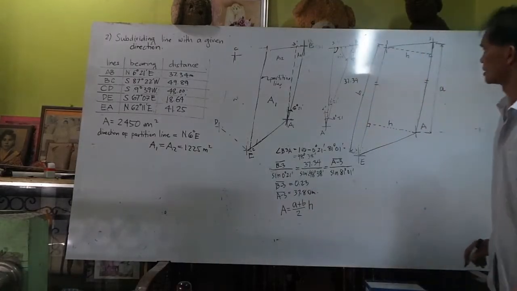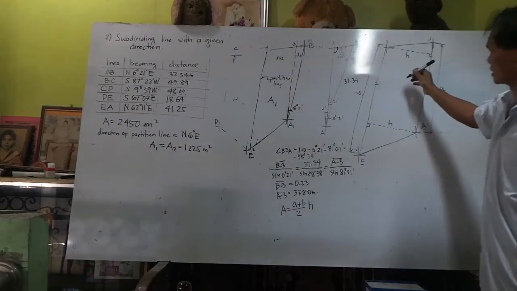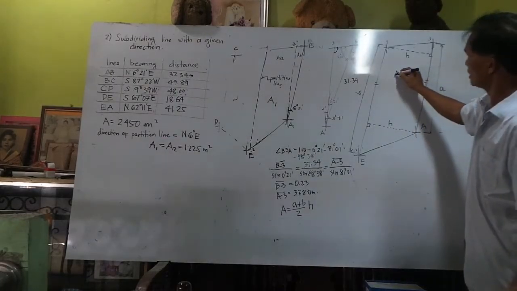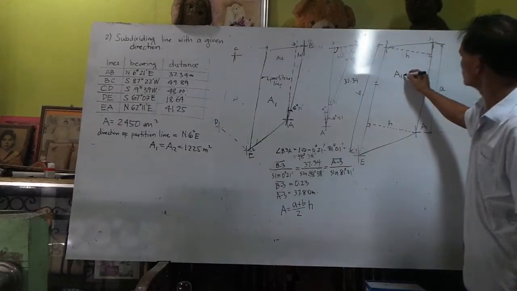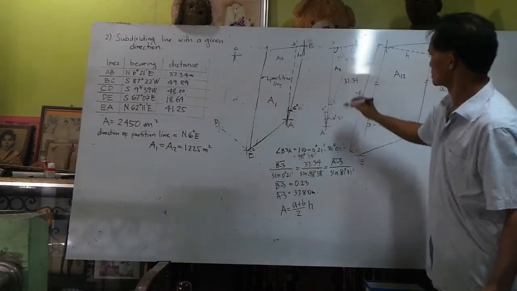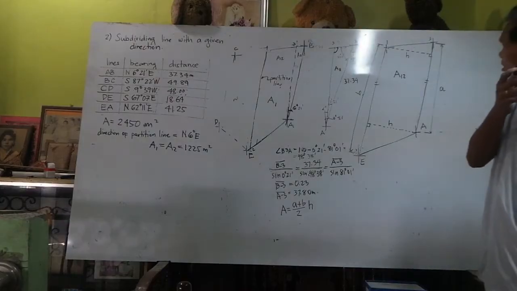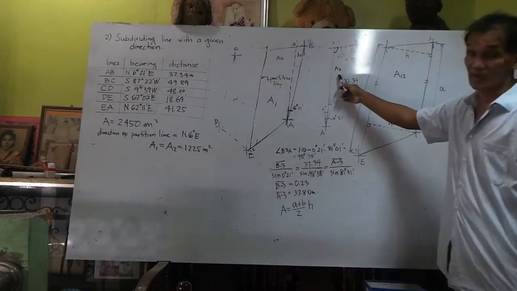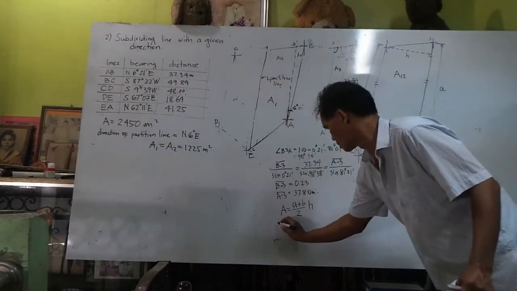By the way, we do not know yet the area of A11. So, we will have to solve first the area of A11, the triangle.